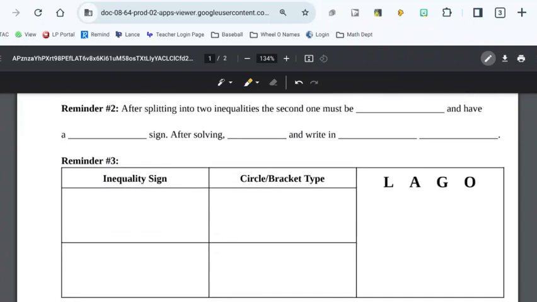Reminder number 2, after splitting into two inequalities, the second one must be negative and have a flipped sign.